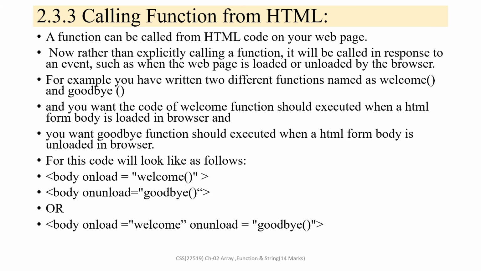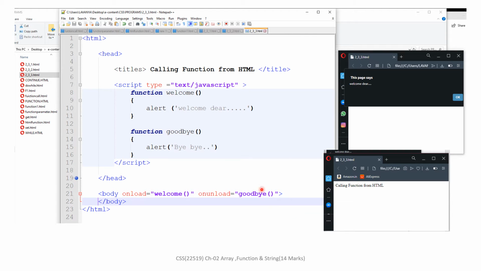By seeing one example, we will get a clear idea about this. So this is the program: HTML tag, in it head tag, title, calling the function from HTML. Then script tag, function, and welcome is our function name. We simply print the welcome message.